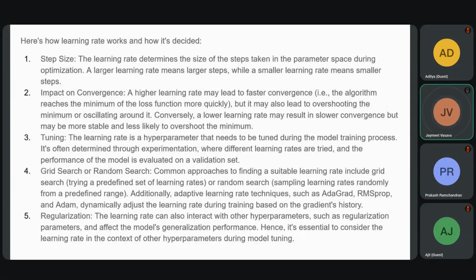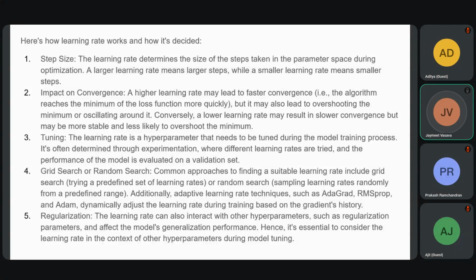So we have been talking about learning rate again and again, but here is a small summary of how the learning rate works, especially for people learning about it for the first time. Step size: a larger learning rate consists of larger steps, while a smaller learning rate consists of smaller steps.